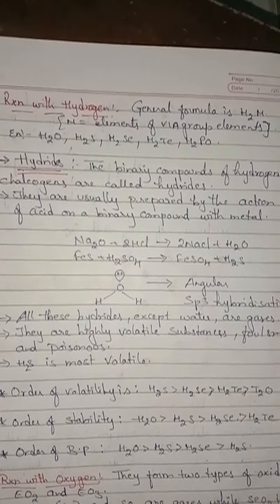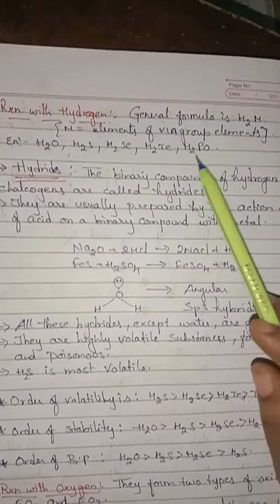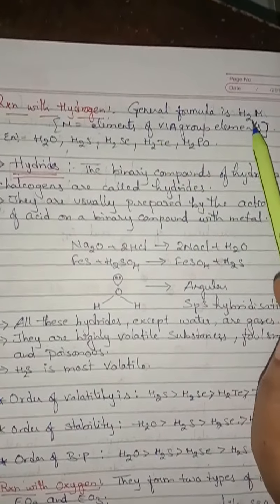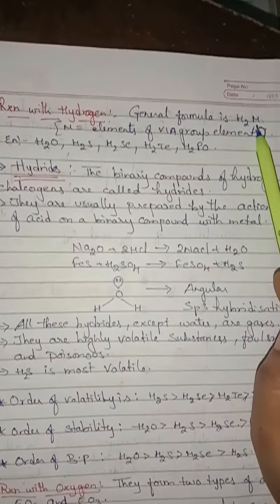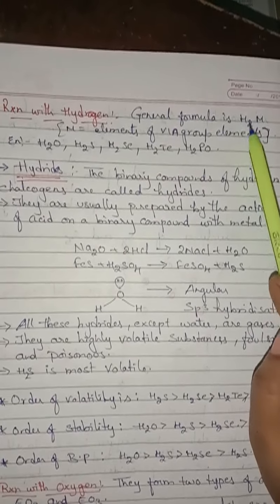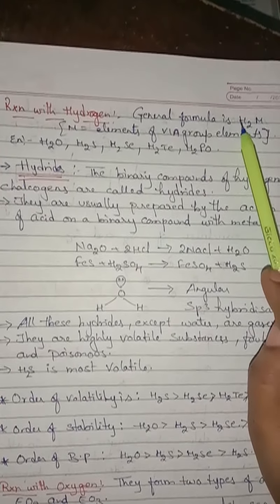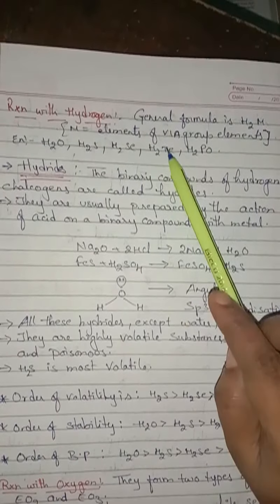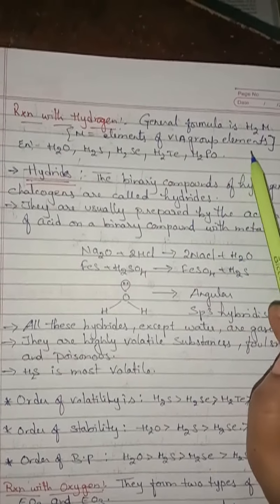Next, when oxygen or the group 16 elements react with hydrogen, what is the general formula? The general formula will be H2M, where M is an element of group 16. They form hydrides.